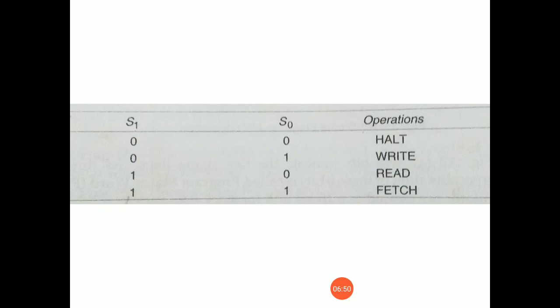If S0 is 1 and S1 is 0, some writing operation is being performed by the microprocessor. If S1 is 1 and S0 is 0, some reading operation is being performed. If both are 1, fetching is occurring, that is, either opcode fetch or fetching of data is taking place. So S0 and S1 tell you what type of operation is being performed.